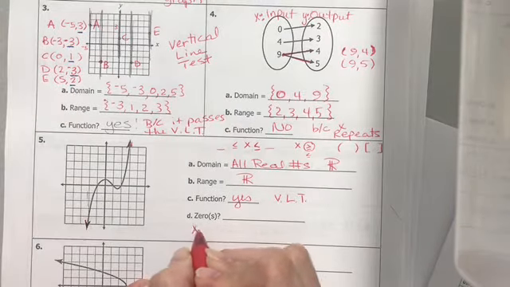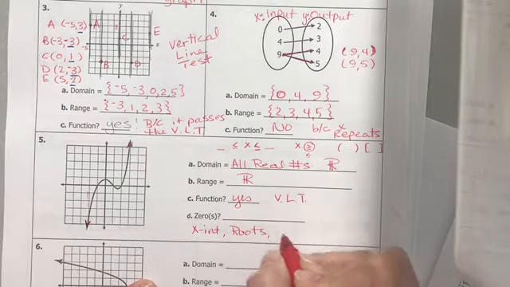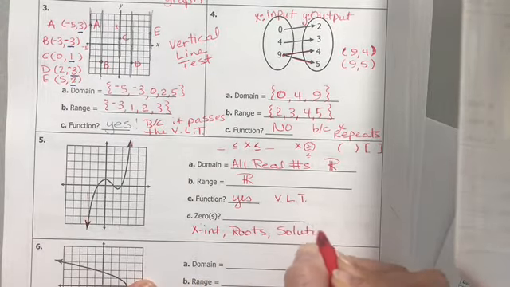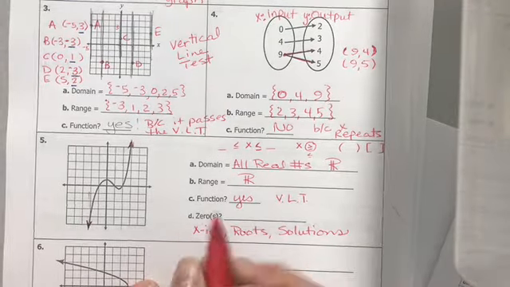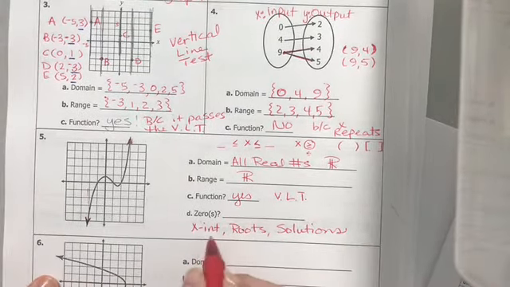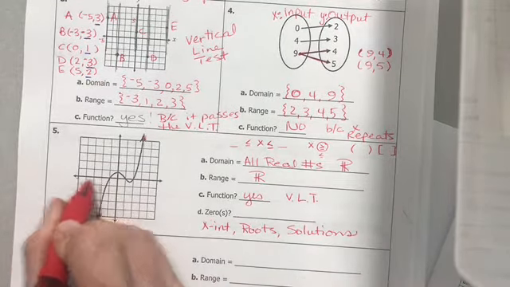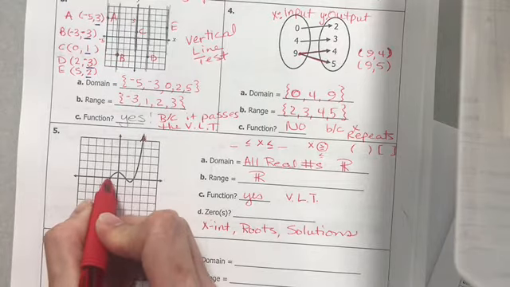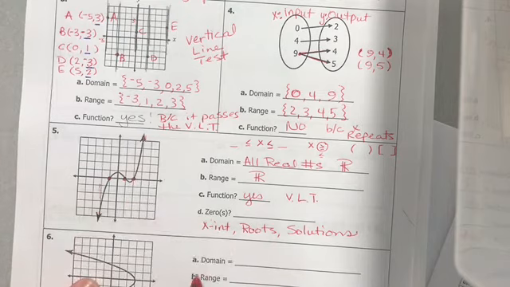Zeros are also called your x-intercepts. They're also called your roots. They're also referred to as solutions. If we wanted to look at the ordered pair, because x-intercepts are on your x-axis. So here's one, and here's one.